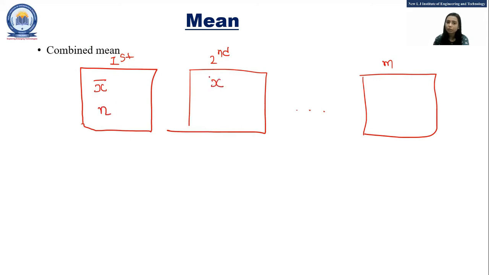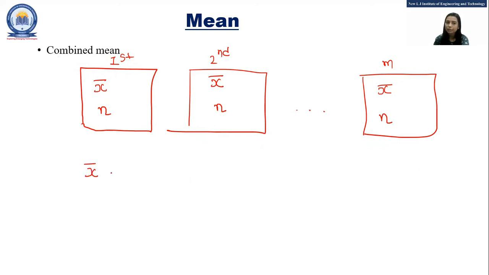For the second group also the x bar and the number of elements are given. And for the m-th group, the x bar and the number of elements in the m-th group are given.